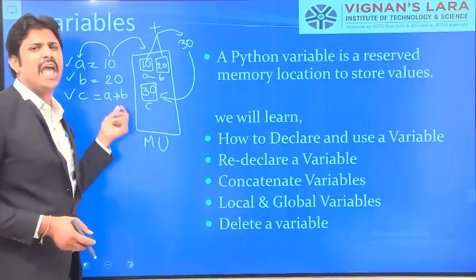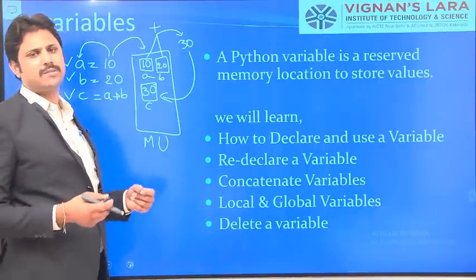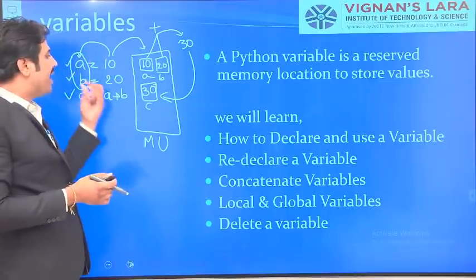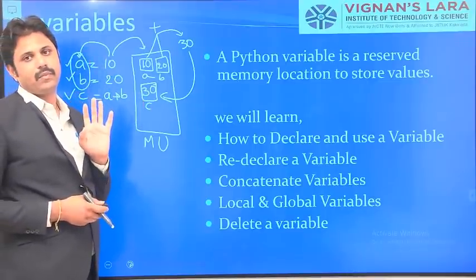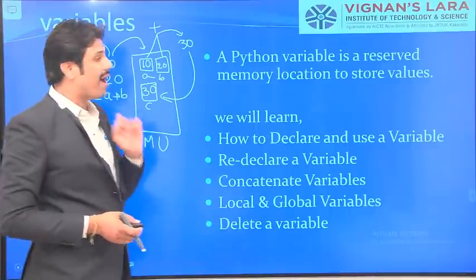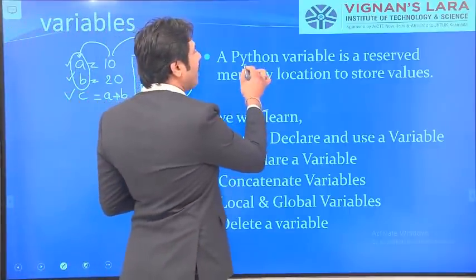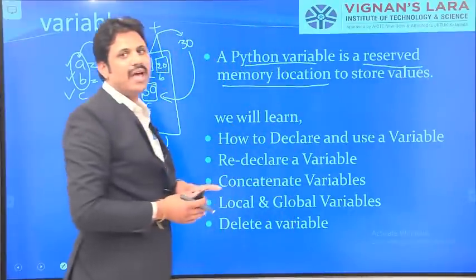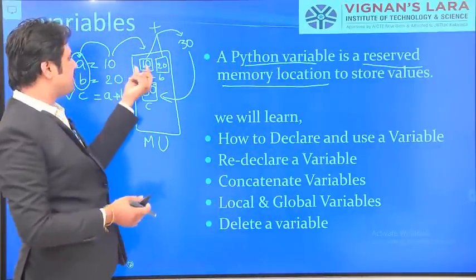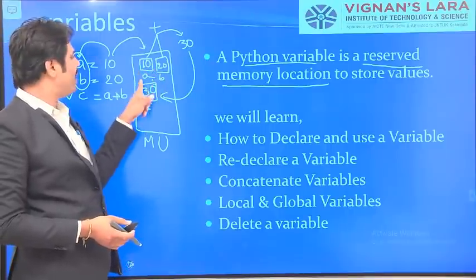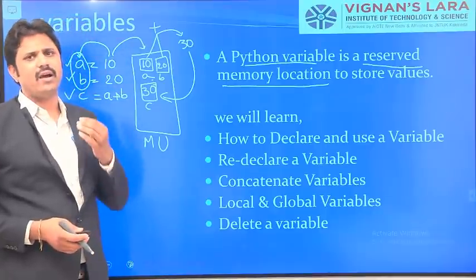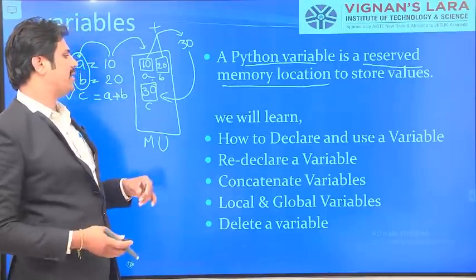It contains A plus B. We already know what A and B are, so it stores 30. That's why a Python variable is a reserved memory location, reserved for that variable. This is the basic definition in Python.